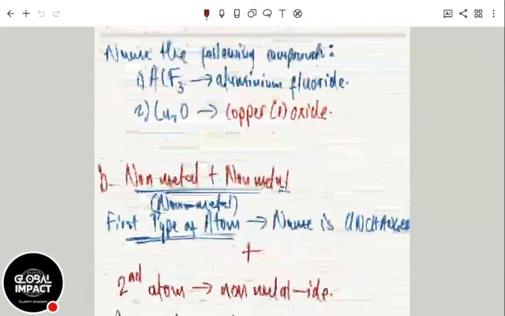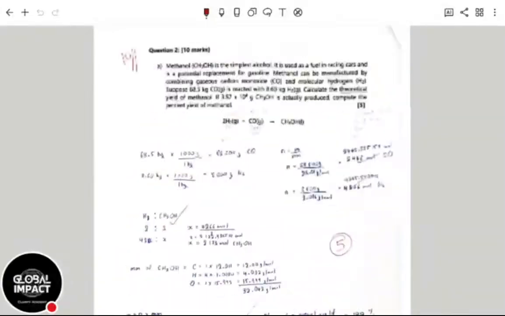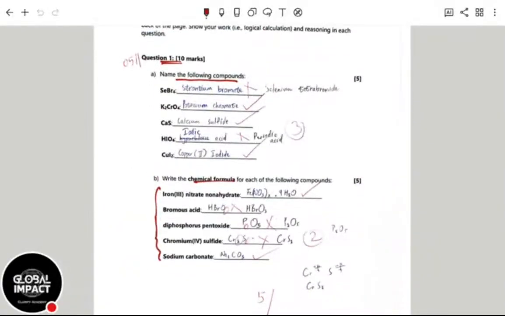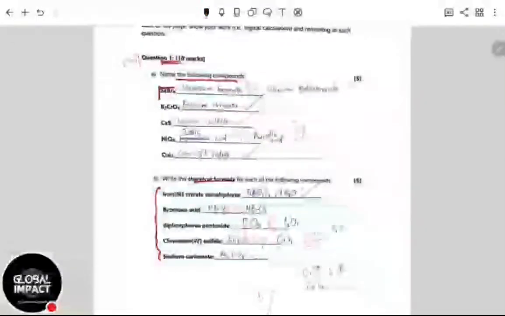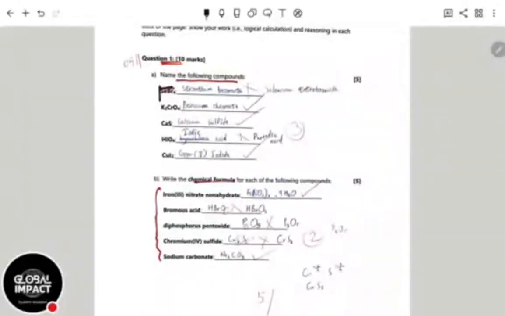Let's go to our paper and let's do the questions. Here, can you see that for part A, it has two things.